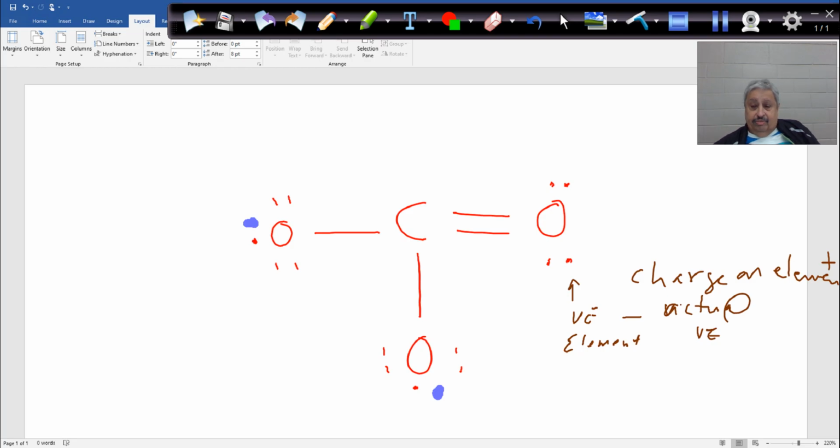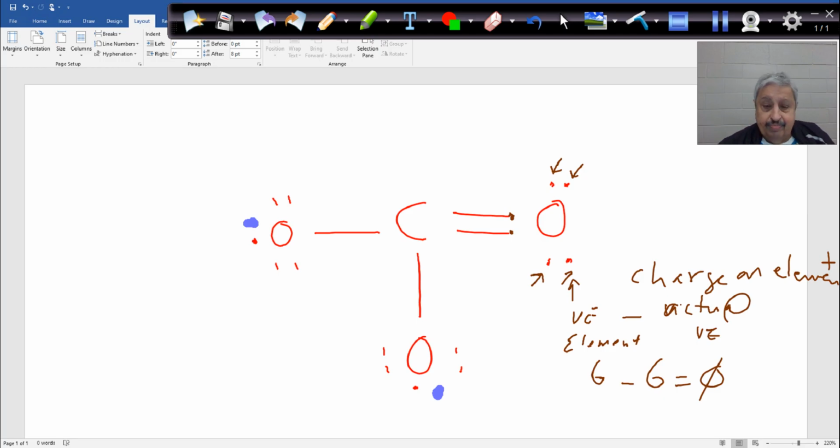Okay, guys, let's look. I have the VEs of oxygen 6, correct? That's the VEs from the periodic table. But how about the actual one? The VEs on the oxygen. Well, 1, 2, 3, 4, 5, 6. 6 minus 6, 0. So oxygen has no charge on it, correct?